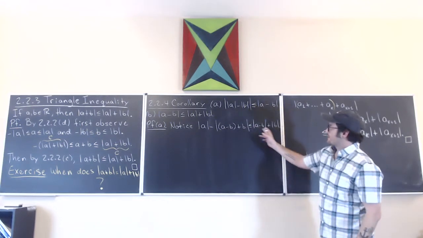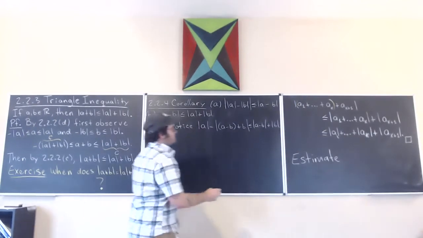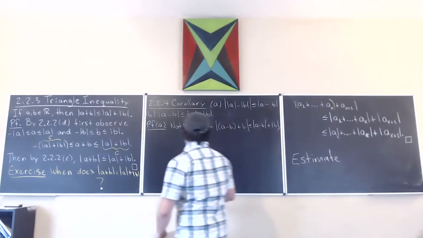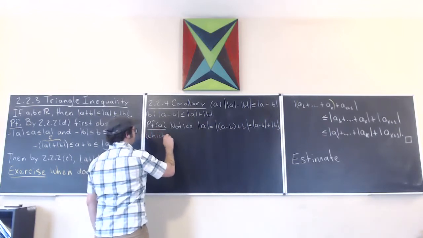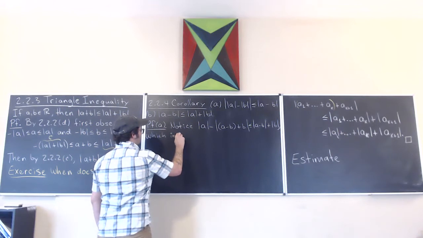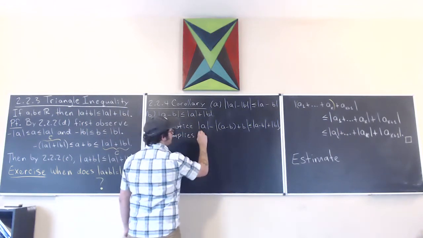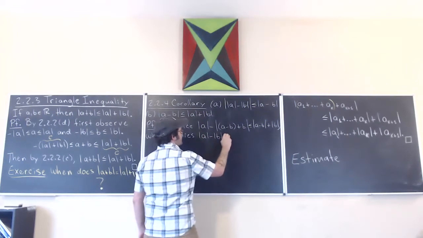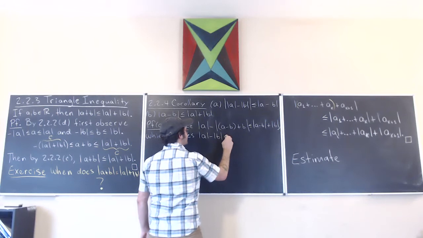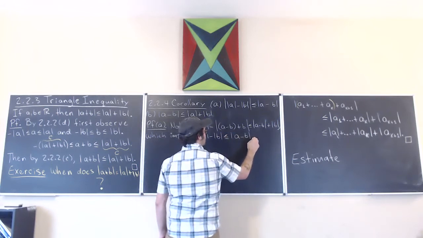Then if we subtract the absolute value of B on both sides, this implies that the absolute value of A minus the absolute value of B is at most the absolute value of A minus B.